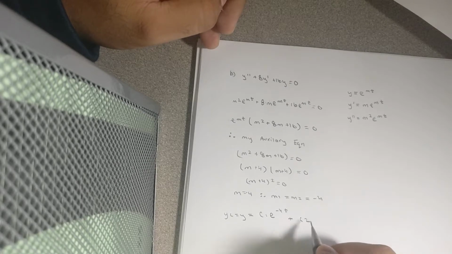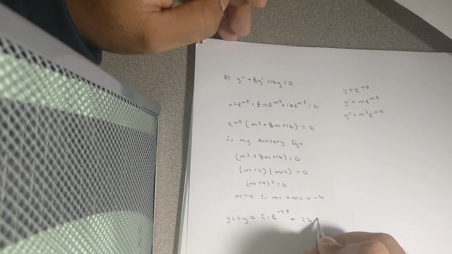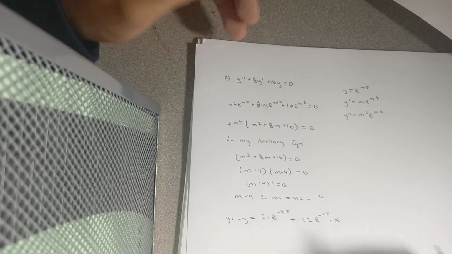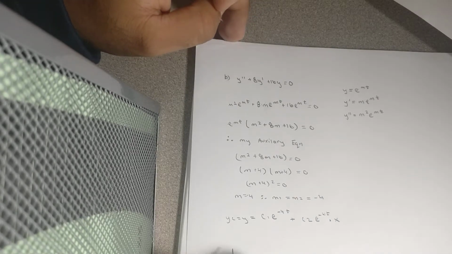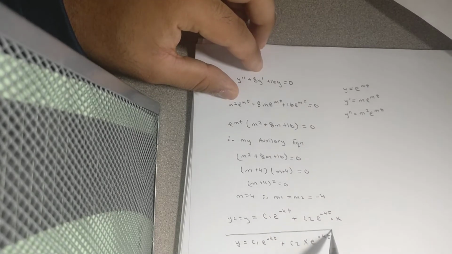We can add a second arbitrary constant, c2, and then we have e to the negative 4t, and then we're going to multiply it by, let's say, x. So if I rewrite this, y_c equals c1 e to the negative 4t plus c2 x e to the negative 4t, and that's our solution.